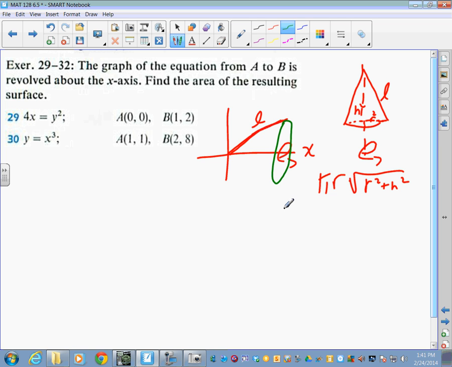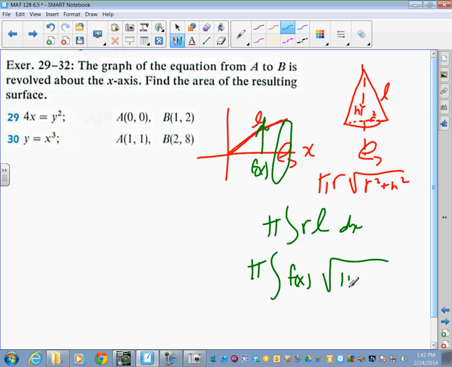So pi r L, in this case with dx, because the radius is the distance out, which would be the function value. So you have pi, r would be f of x, L would be the square root of 1 plus f prime of x squared dx. I have no idea if that's right, but I'm going to go looking for that.